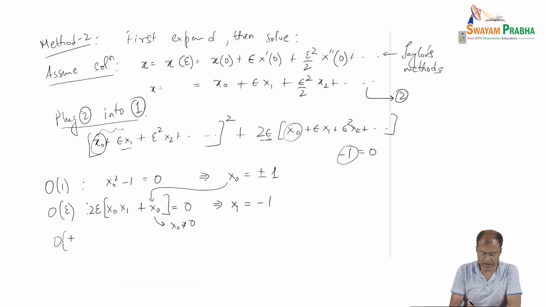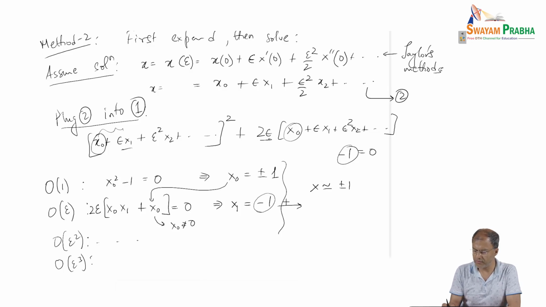And similarly we can continue solving the order epsilon squared term, order epsilon cubed term and so on, right? Finally what we get is the final expansion: we have found x naught, which is plus or minus 1, and we have found x1, so this is minus 1 times epsilon, plus some higher order terms which we haven't solved, and so on.